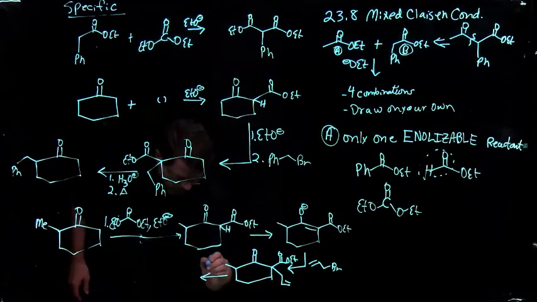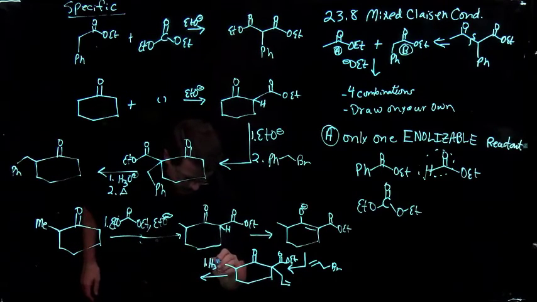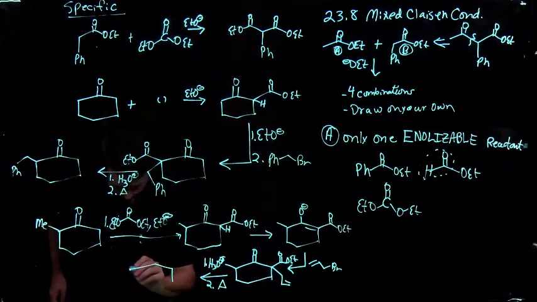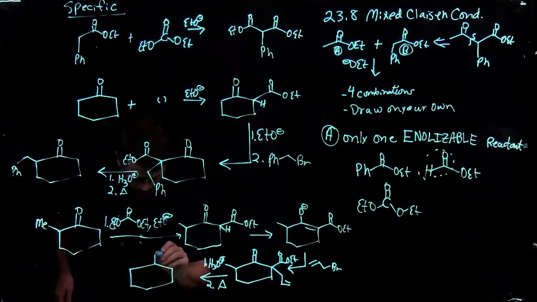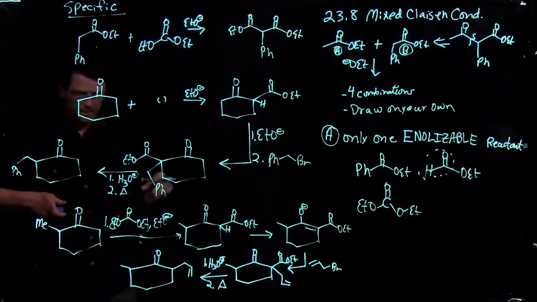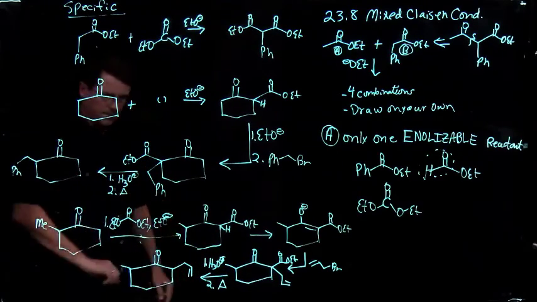Then again with first acid and then heat, we can decarboxylate and selectively control the substitution away from the methyl group.